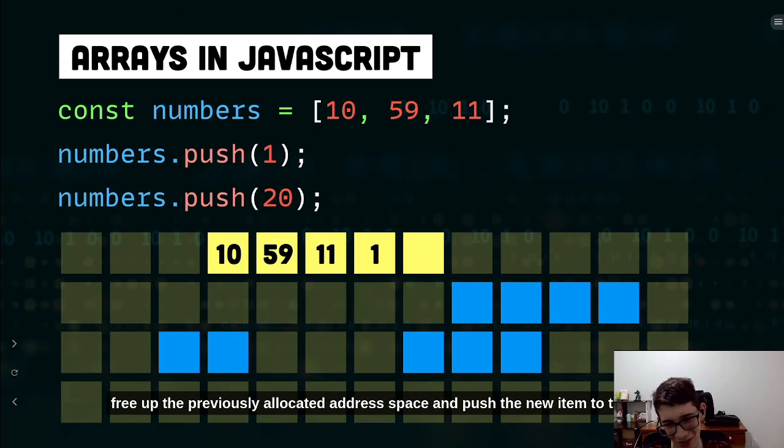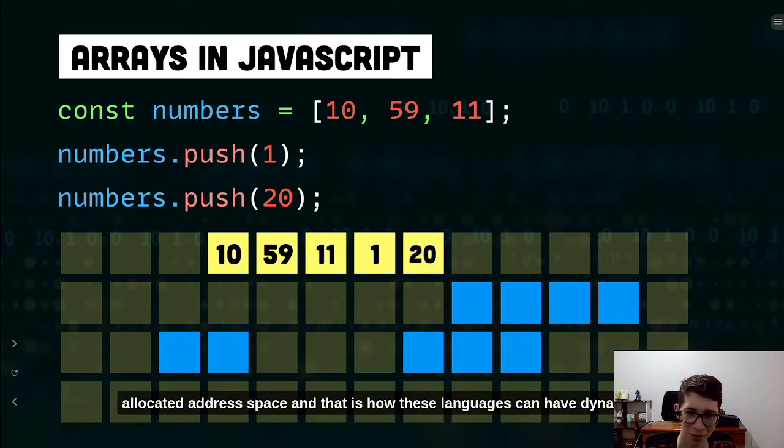Oh, so this will try to include it in the next space, but it has no bytes to allocate. This will search for a new memory space to allocate the old array plus the new value. Oh, now I understand that.